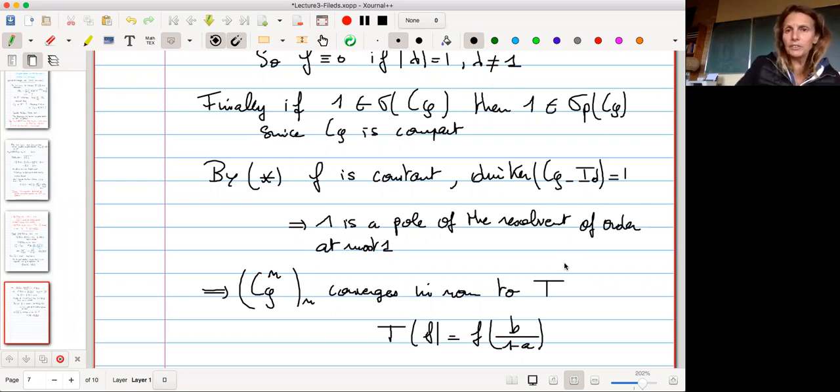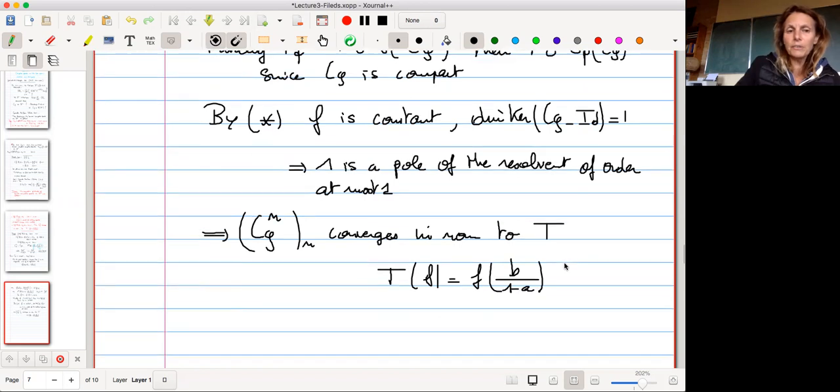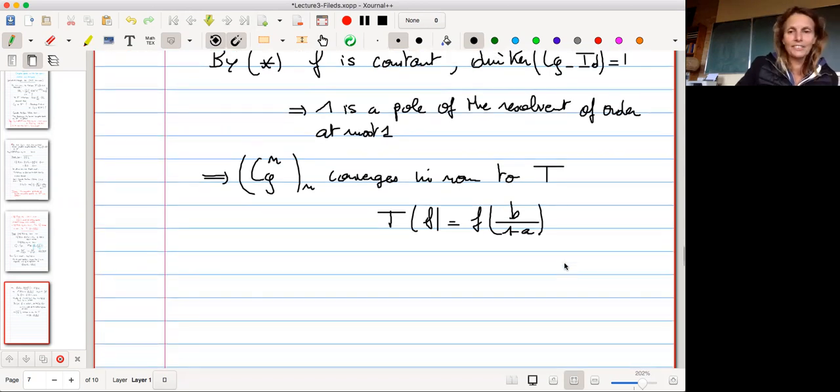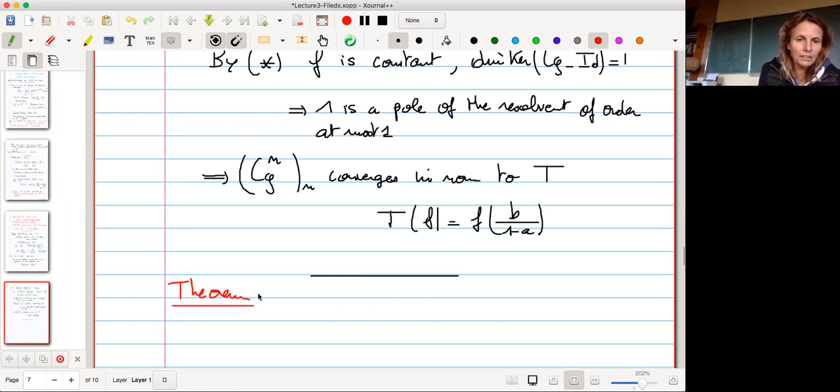Now let's have a look at the semigroups. So we have done the discrete case, and now we are interested in semigroups of composition operators. Okay, so I take the color red to show you the result.